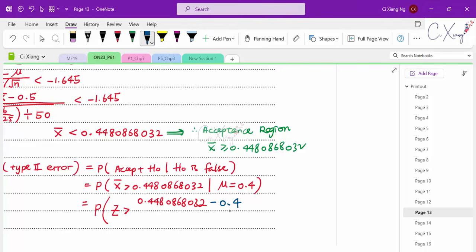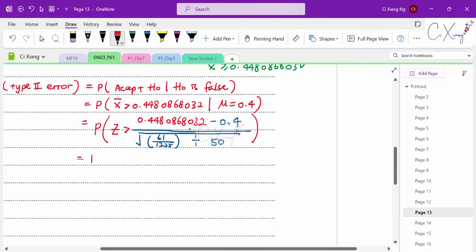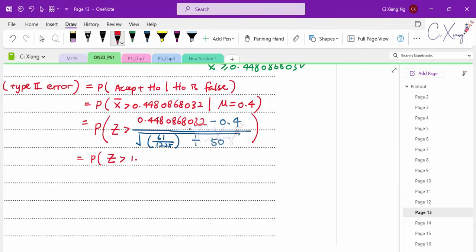You have to use the value that they give you, 0.4, divided by the population standard deviation over square root n. So divided by the square root of the population variance that I calculated just now, then divided by the sample size, which is 50. Then next, try to get the value of z up to 3 decimal places. It should be 1.524.